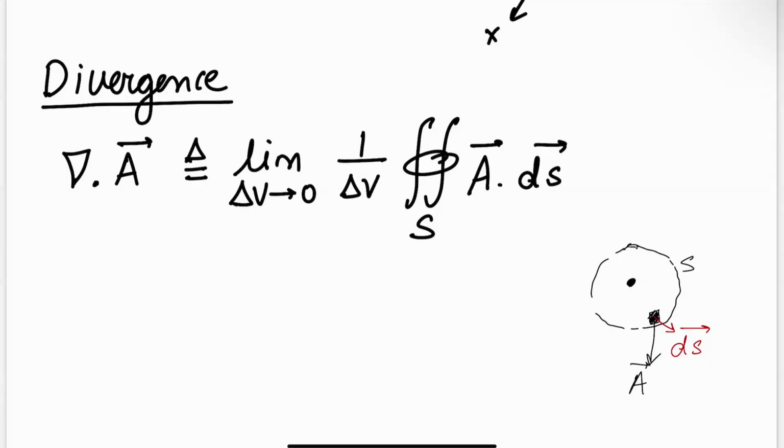So if the dot product is very high, that means that A and ds are in the same direction, which means this vector field is kind of exiting that ball at that location. Whereas if the dot product is 0, that means the vector field is kind of tangential to that patch, right? So it's tangential to that surface, so it doesn't really leave the ball, right?